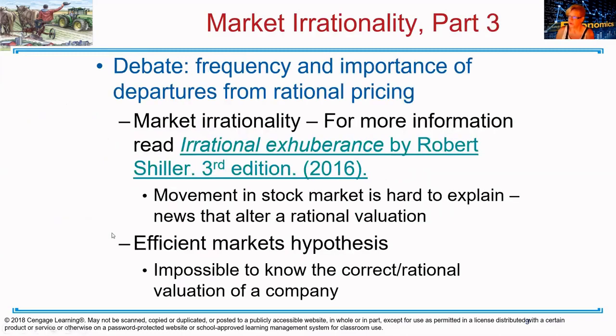All right, so again, here's the debate among economists. And this is what we like to talk about when we all get together. Sounds really boring, right? Because it kind of is. You know, what are these departures from rational pricing? Why is this happening? Why are people doing what they're doing, and so on? And again, there's another great book. It's called Irrational Exuberance.